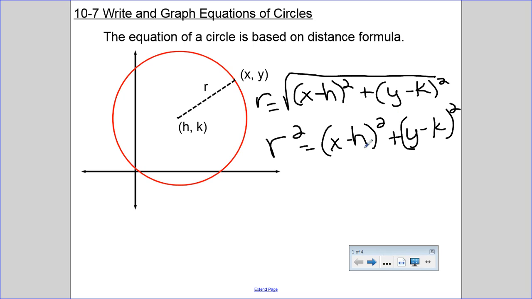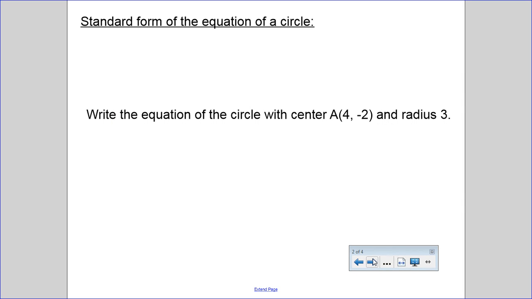Now, if you remember from algebra, you had the standard form for a quadratic, and that (h, k) in a quadratic told you where the vertex is. Well, the (h, k) is going to tell us where the center of the circle is, just like in the picture.